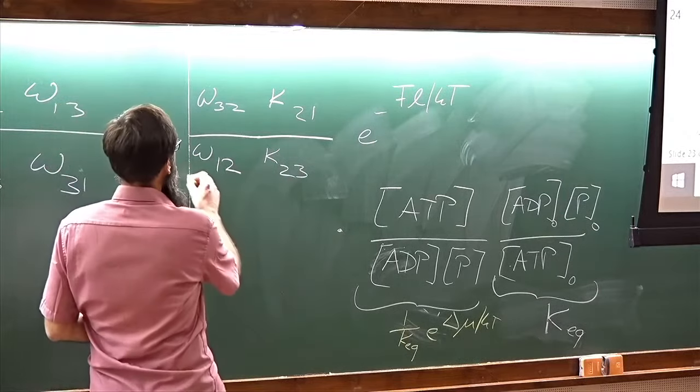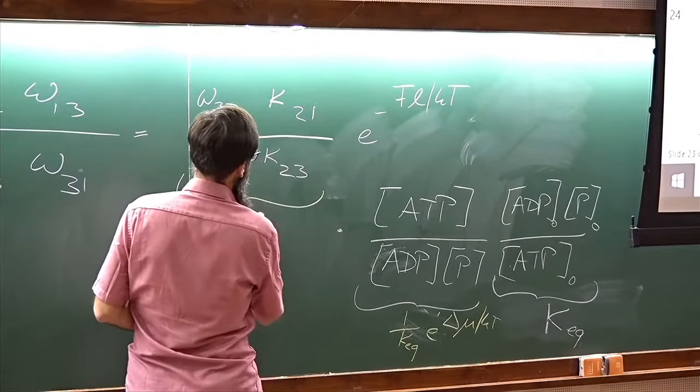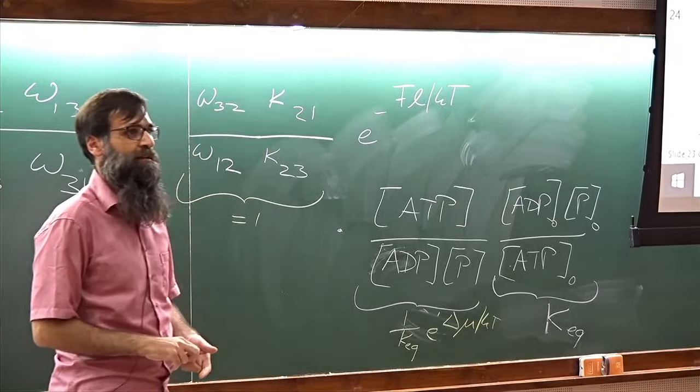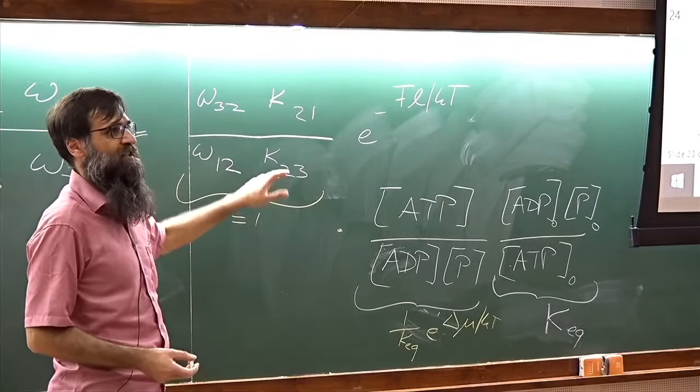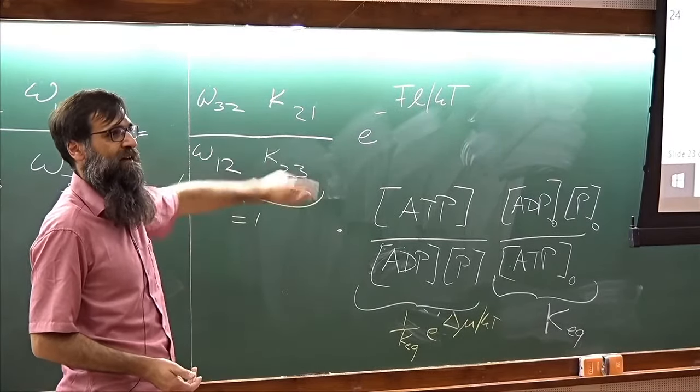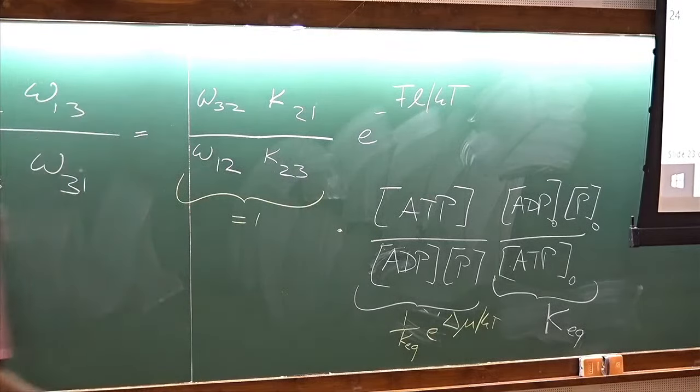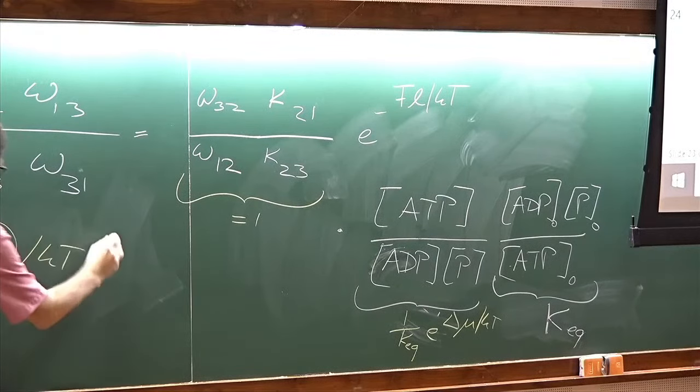So what we learned from this is that in that case, this also has to be 1. And these four things are just constants, so they have to be 1 exactly. So what are we left with? Basically, for our whole expression here, we're left with just e to the delta mu minus force times L divided by kT.